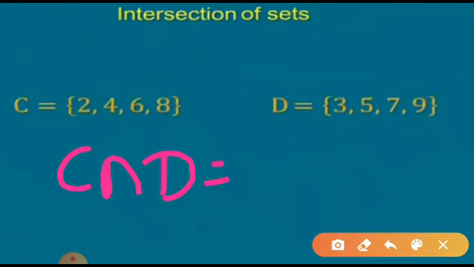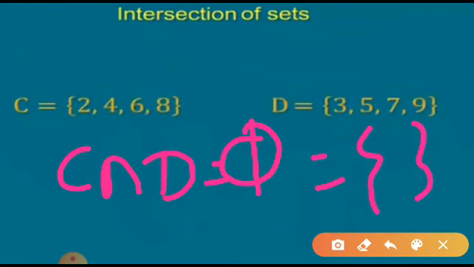No. 4, no. 6, no. 8, no. 3, no. 5, 7, 9, no. That means there is no common element, so the set contains no elements. What is the name of that set we have studied? That is nothing but your empty set.